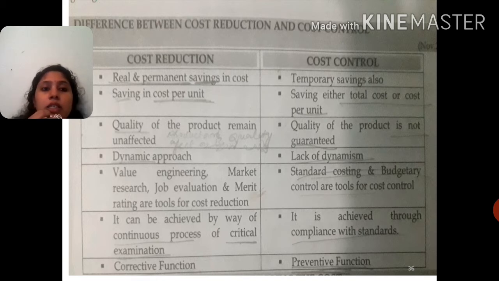Come to cost control. The quality of the product is not guaranteed. In case of cost control, we cannot guarantee the quality of the product. We can reduce the materials, and we cannot assure the quality. Consider my last example, Chandrika soap production.